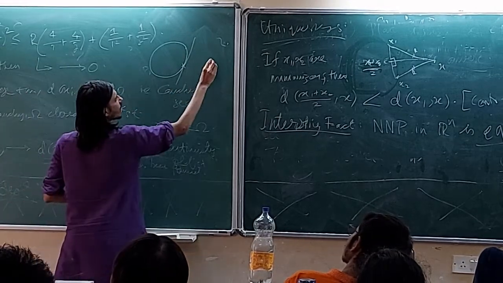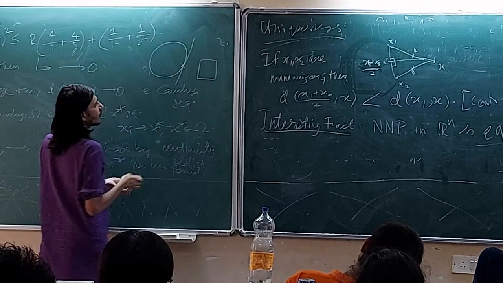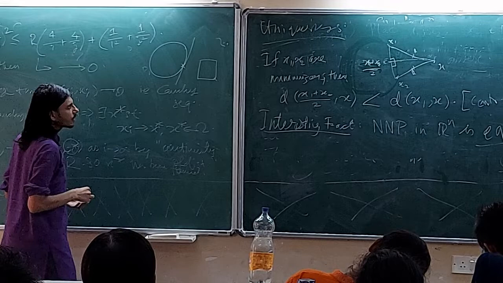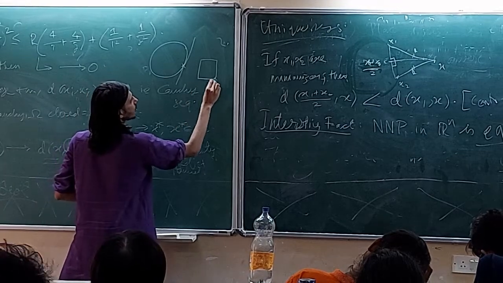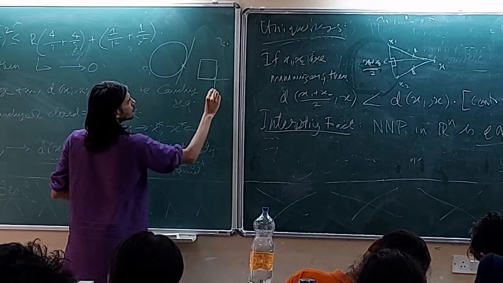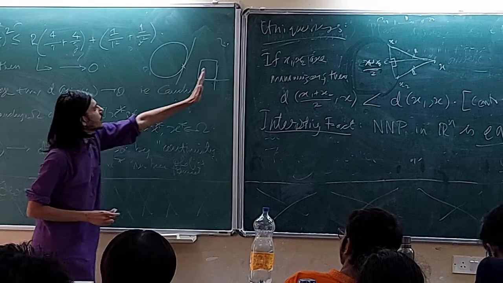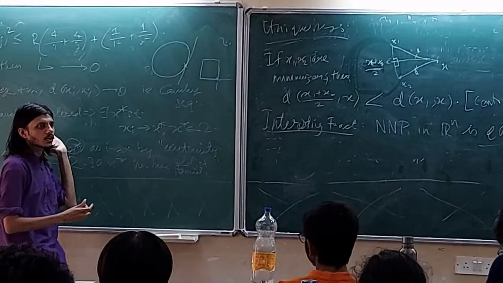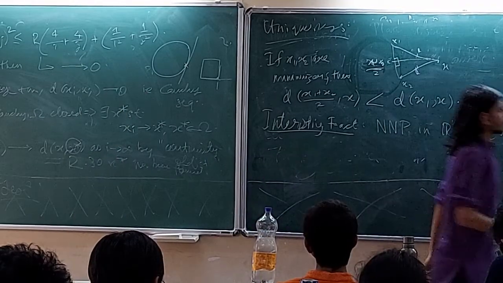But it's not necessary that it doesn't touch any other point. For example, if I have a square and I'm trying to draw the supporting hyperplane here, that hyperplane could be this one. It could be this one. So it's any hyperplane such that it touches this point, but the entire convex set is on one side. And that's the point.